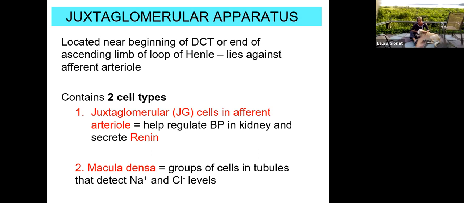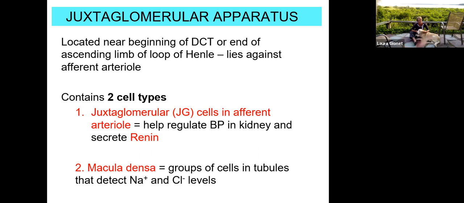So I mentioned before something called the juxtaglomerular apparatus. It is a junction of two structures together. It's either considered to be the beginning of the distal convoluted tubule or the end of the ascending loop of Henle, where the ascending loop of Henle becomes the distal convoluted tubule.